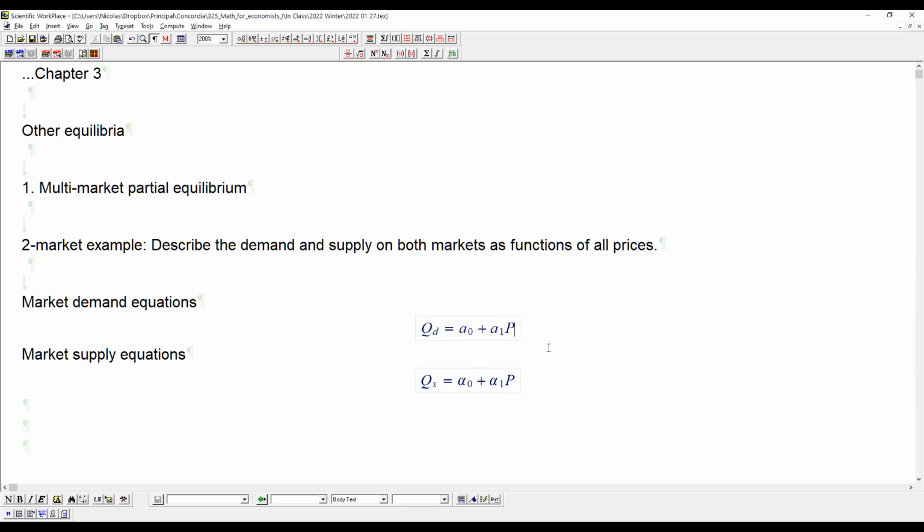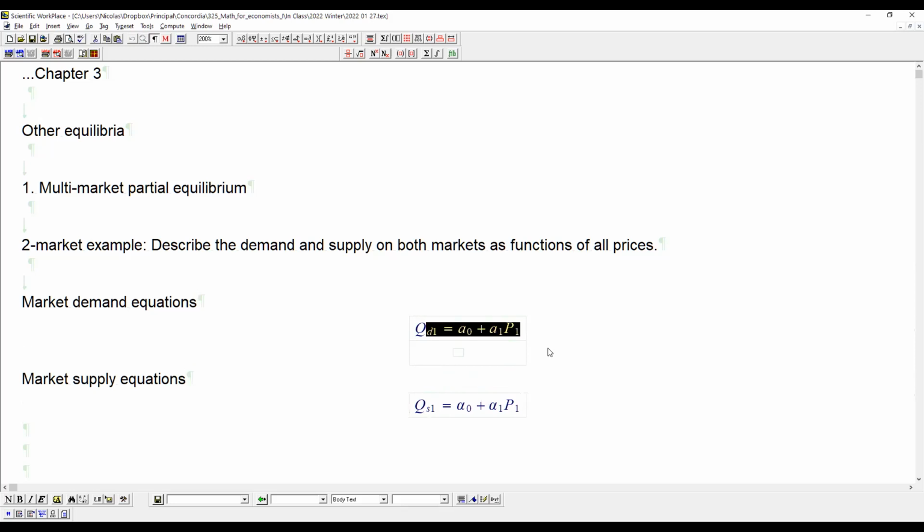And what if I have a second market? This is just the first market, and this is just the price. I'm just going to say P1. It's the market price for the first market. And I could have a second market, QD2. And of course, A1 would probably be negative, since we probably have ordinary goods.